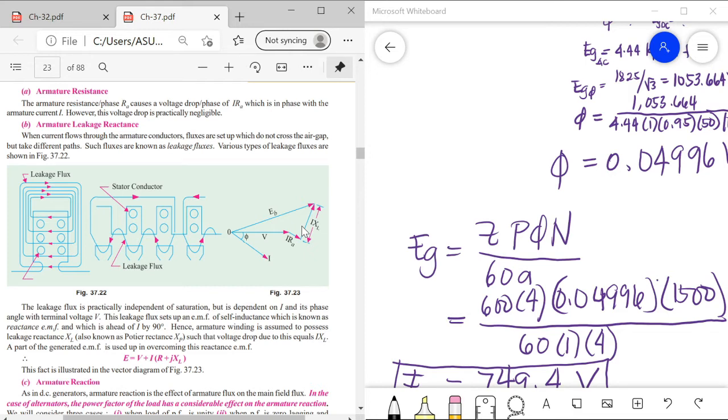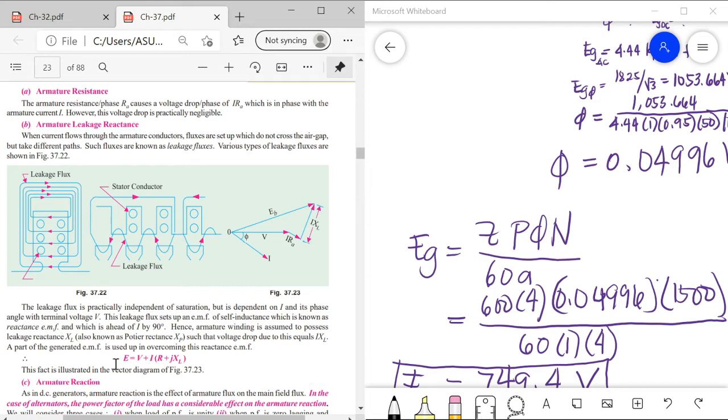Hence, the armature winding is assumed to possess leakage reactance XL, also known as the Potier reactance XP, such that the voltage drop due to this equals IXL. As part of the generated EMF, it is used up in overcoming this reactance.